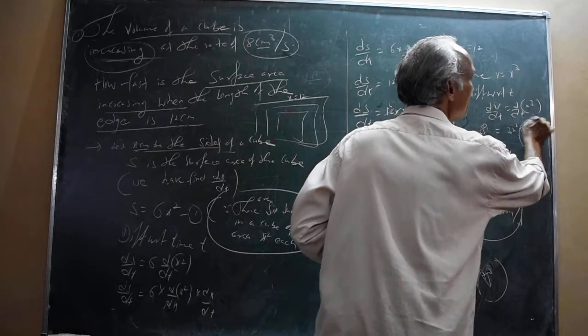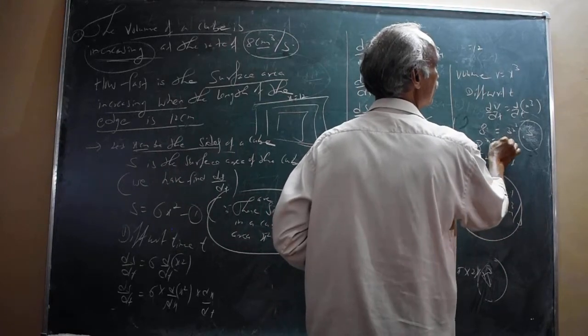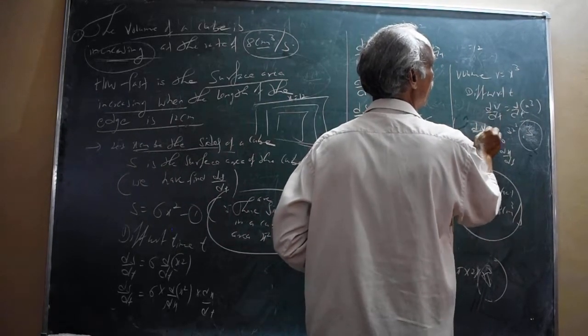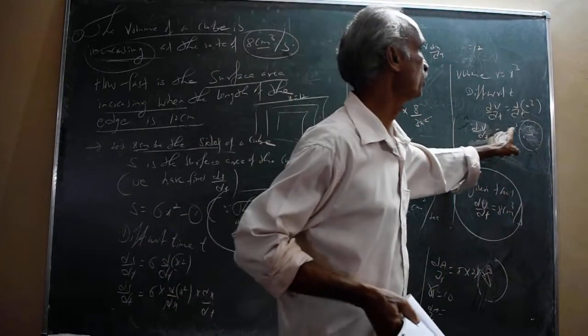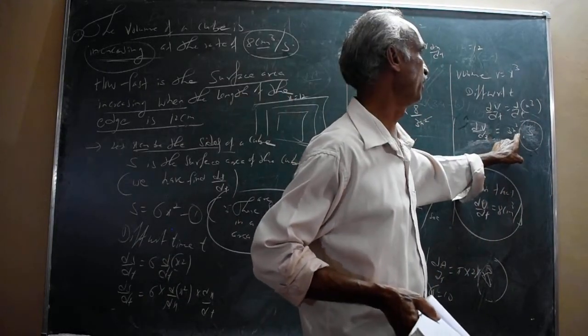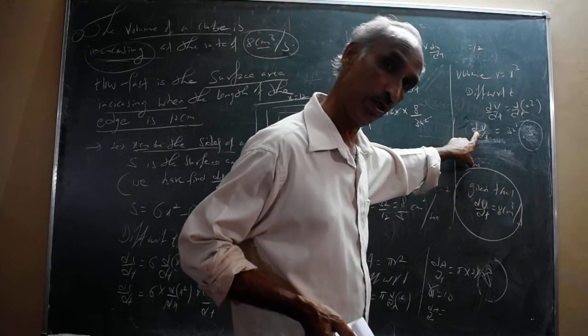Given that the edge is increasing at the rate of 3 cm per second, dx by dt is 3. When x is equal to 10, 3x squared into 3 is 3 into 10 squared into 3. Find the rate of change of volume means you have to work out dV by dt.